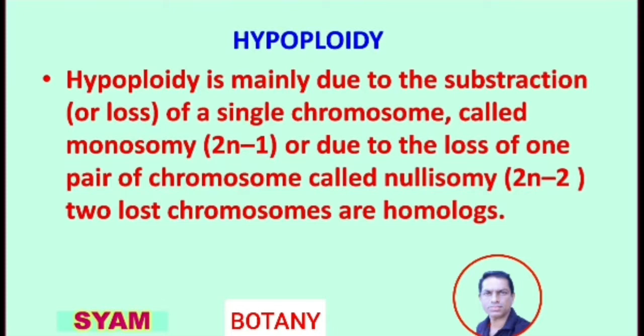The losing of individual chromosomes may be a single chromosome lost from the entire number of chromosomes. It is called monosomy. A pair of chromosomes lost from the entire chromosomes is known as nullisomy.